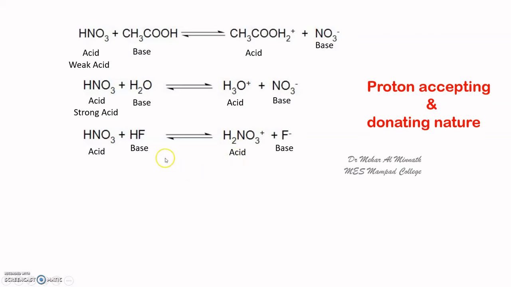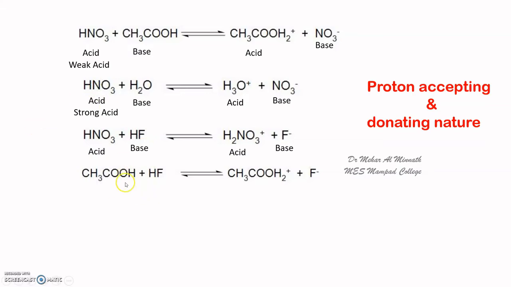Though we expect HNO3 to be the donor of the proton, it is HF that is donating the proton. So HNO3 is in fact forced to act as a weak base here, because it is accepting the proton released by HF. So HF is the acid here, and HNO3 is the base. Though we consider HNO3 an acid in all these cases, in the presence of HF it is forced to behave as a base.